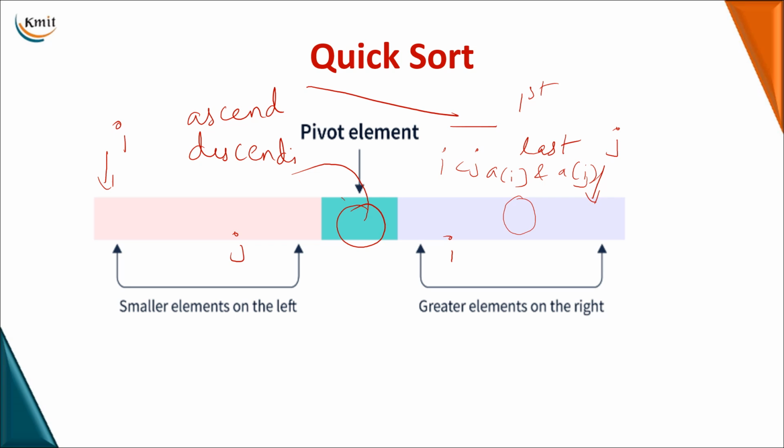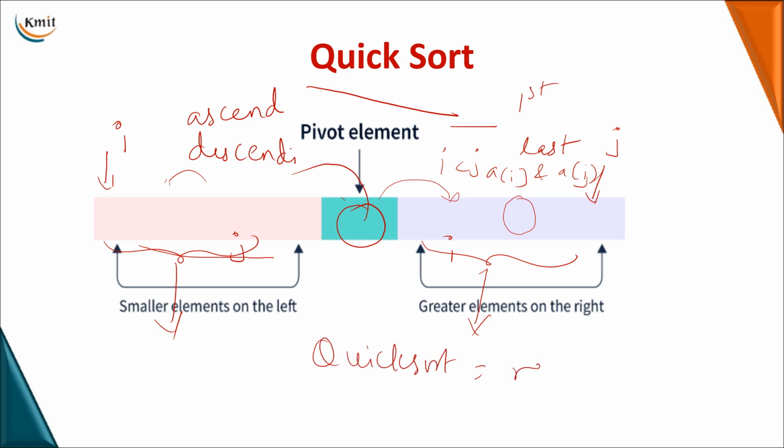You get all the elements divided into two parts, where the elements on the left side of the pivot are smaller and the elements on the right side are greater than the pivot. Then you apply the same quicksort procedure again on both parts, starting with the left side. That's why, when writing a quicksort program, we normally use recursive functions.